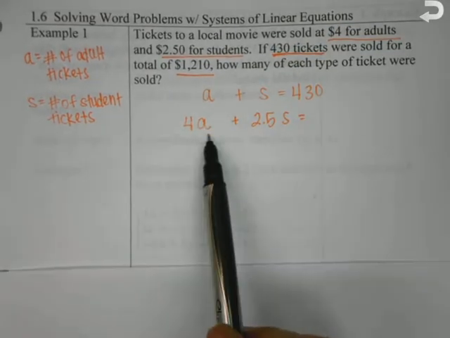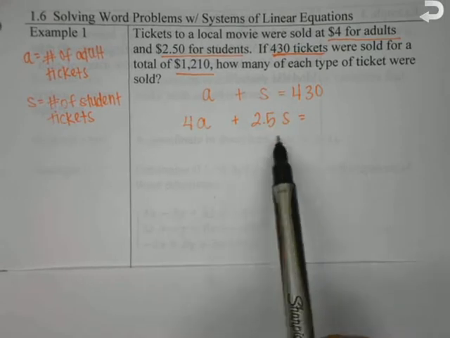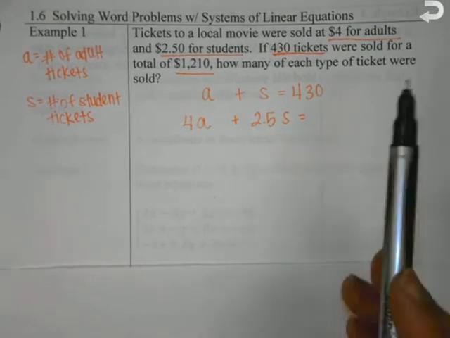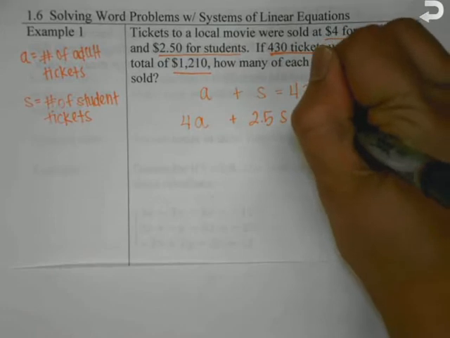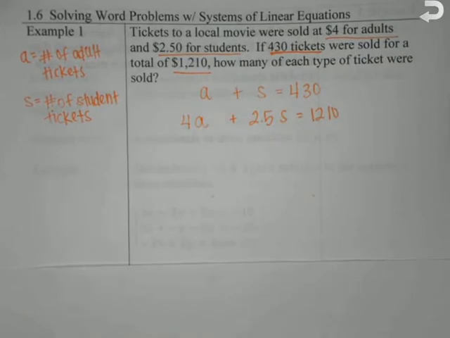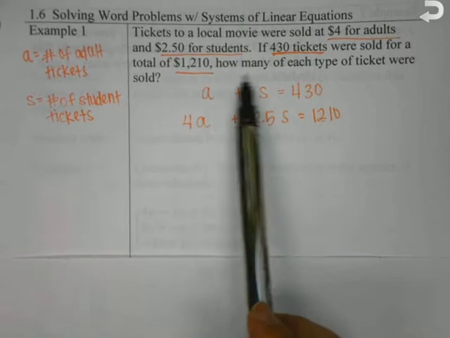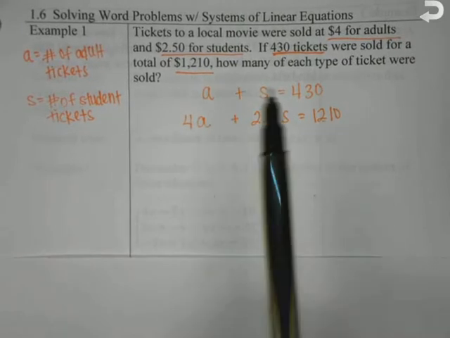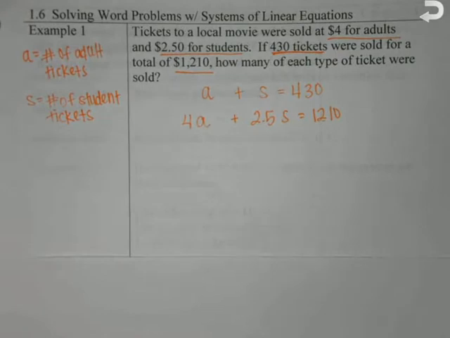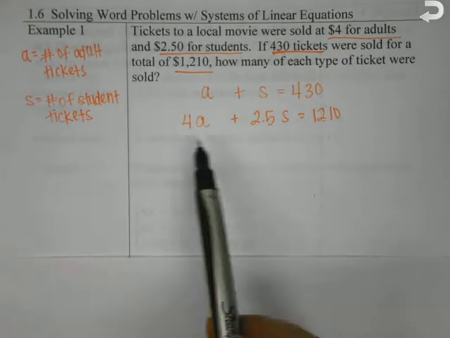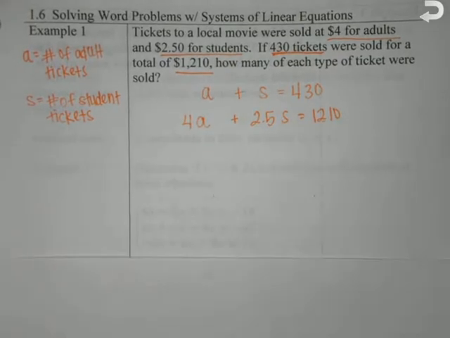This is how much money I made from student tickets. How much money did I make total? 1210. It will always be set up this way. First equation is talking about the total number of units sold or bought or whatever. The second equation has to do with the amount of money or that kind of thing.